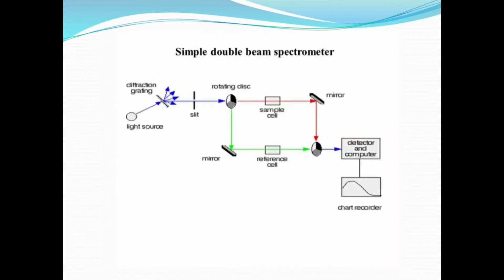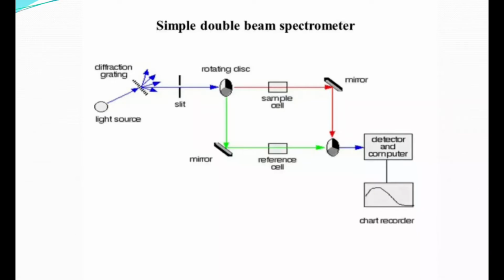In this simple diagram, a schematic representation of the double beam spectrophotometer, you observe the light source, diffraction grating, slit, rotating disc, sample cell, mirror, reference cell, detector and computer, and chart recorder. First, the light source.